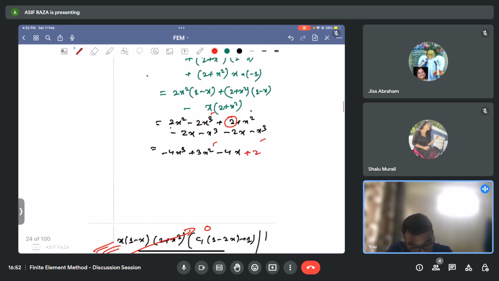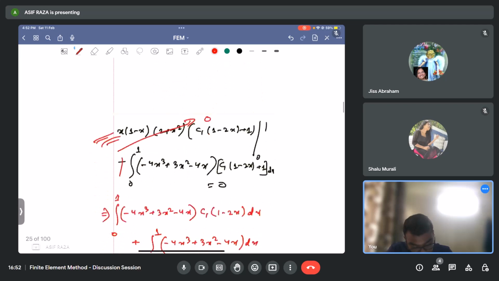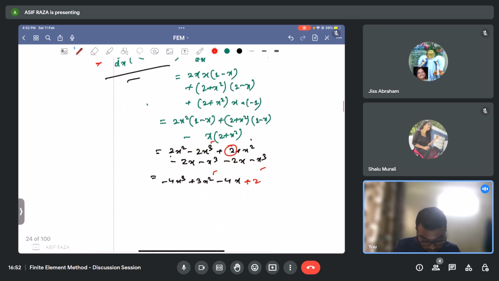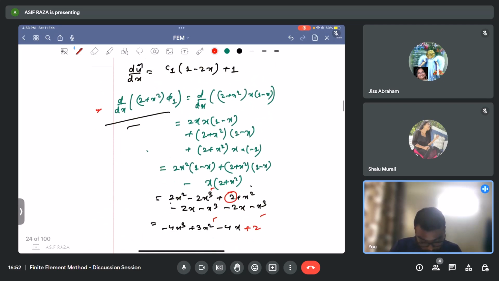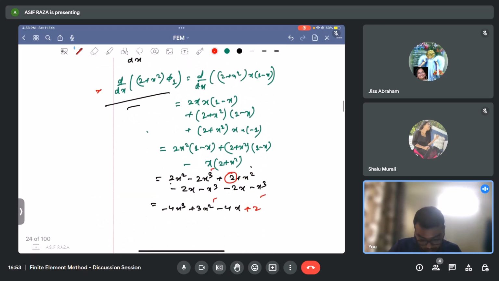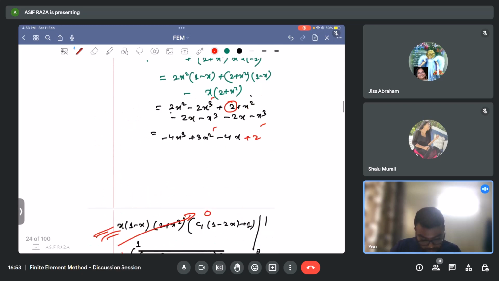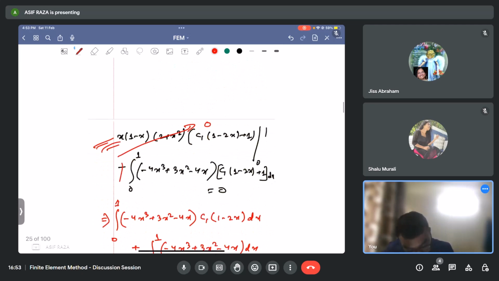So what will be the corrections pertaining to this? Made a mess, now I have to clean it up. Minus 4x cube plus 3x square, this was to be substituted here, right? Then minus 4x plus 2 here, right?